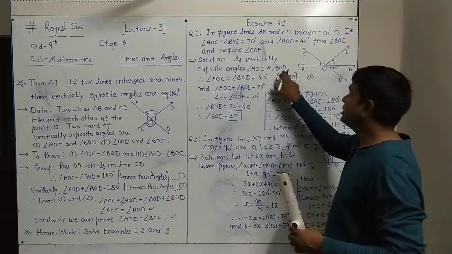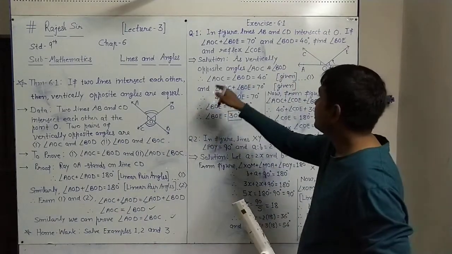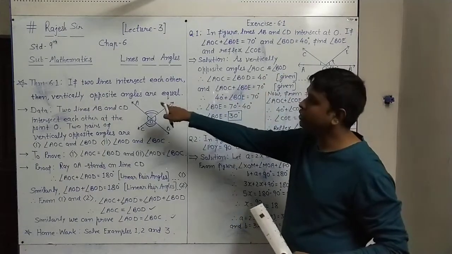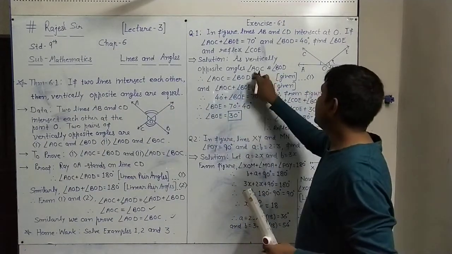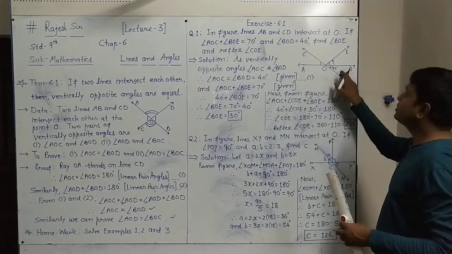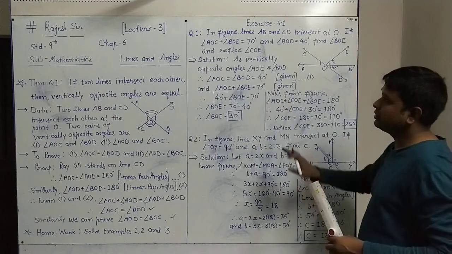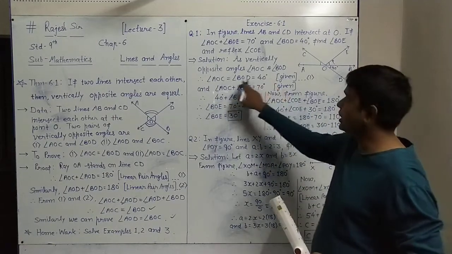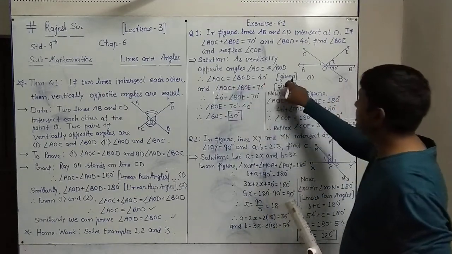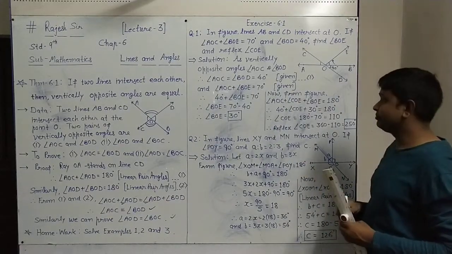If these two are vertically opposite angles, by theorem 6.1 that we have proved here, they will be equal. Vertically opposite angles are equal. So angle AOC equals angle BOD, and angle BOD is 40 degrees, given in the question. So angle AOC is also 40 degrees, and we call this result 1.